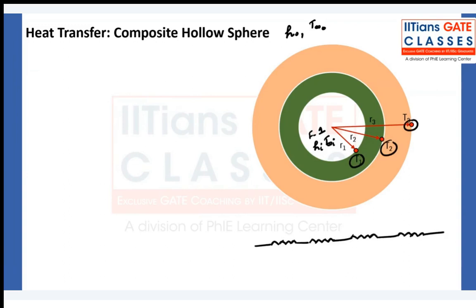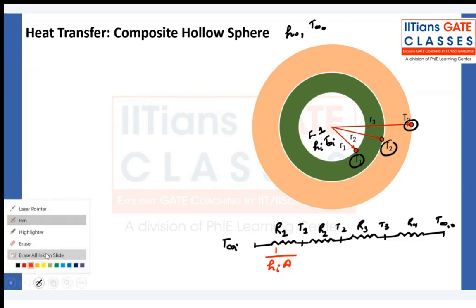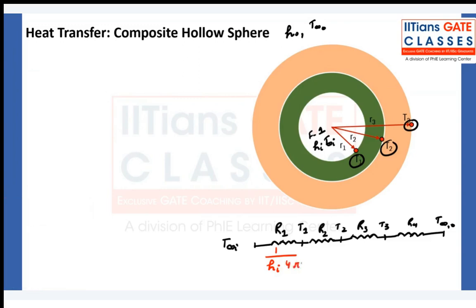It is T infinity in, T1, T2, T3, and T infinity out. Here we have convection resistance 1, conduction resistance 2, conduction resistance 3, and outer convection resistance. Now what are the values? The first will be 1 upon h inside times area, where the area is 4 pi Ri square.